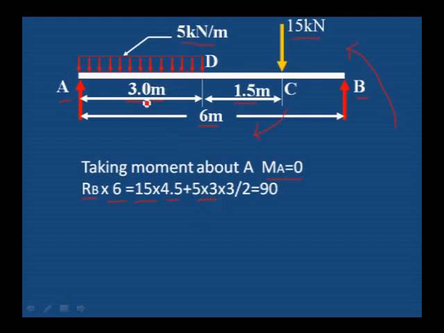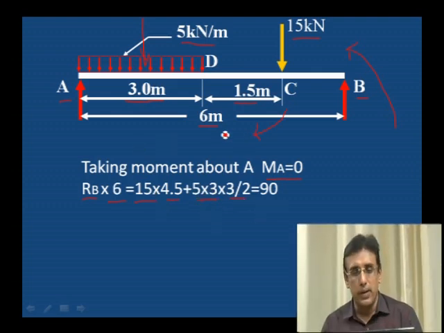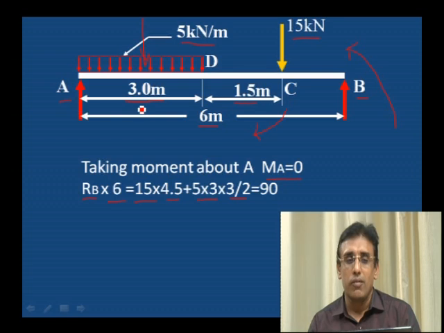Its distance where it acts is the center of this uniformly distributed load, that is 3 divided by 2, 1.5 meter from A. Therefore, the moment due to uniformly distributed load is 15 kilonewton into 3 by 2, which is also a clockwise moment.